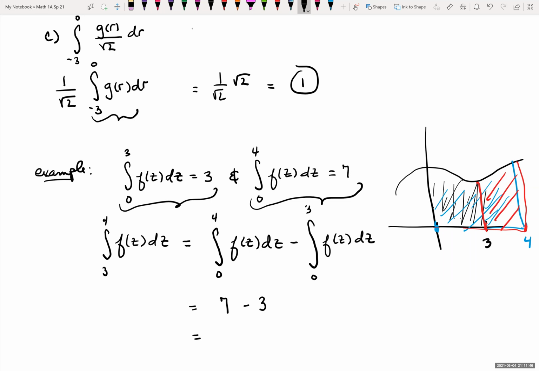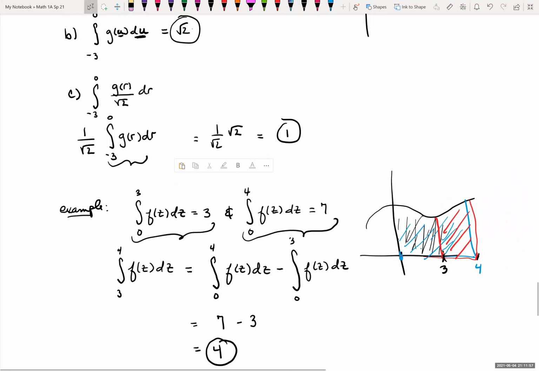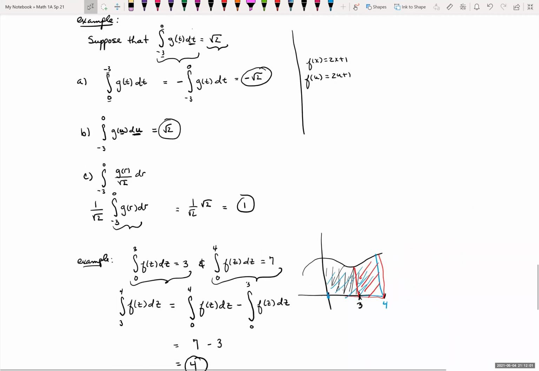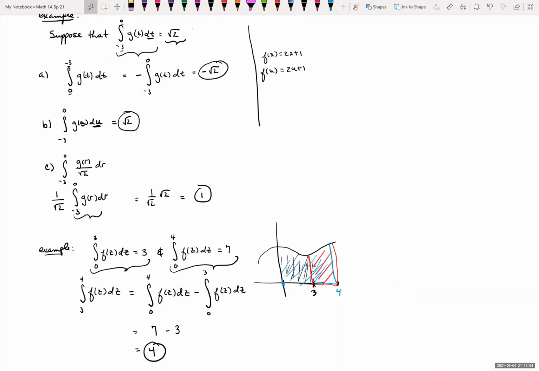This area bounded between 3 and 4 is going to be 4. So those are some examples, given the values, using those rules to help us find the definite integral.